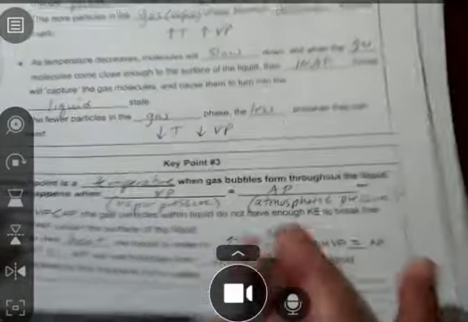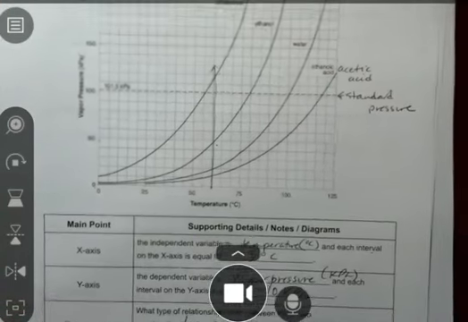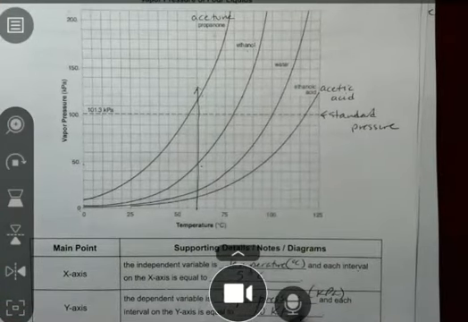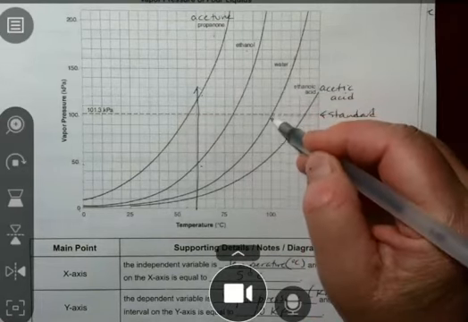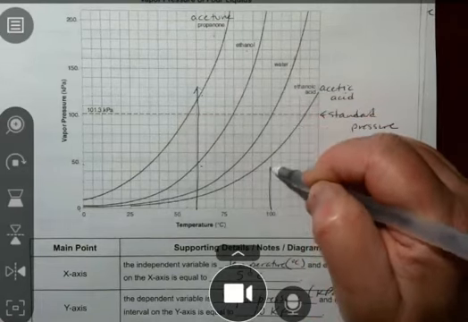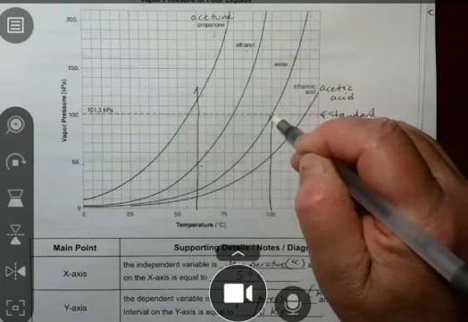So let's go back to the graph that we were looking at, and let's look at the water graph. Okay. Normally, water will boil, this is the water graph right here, at 100 degrees. That's the normal boiling point of water.